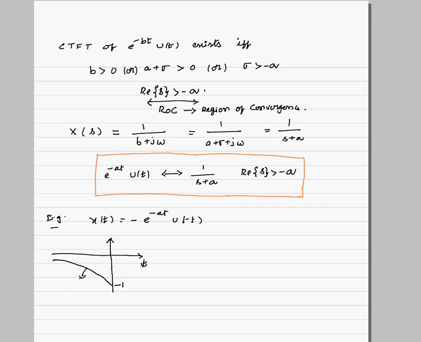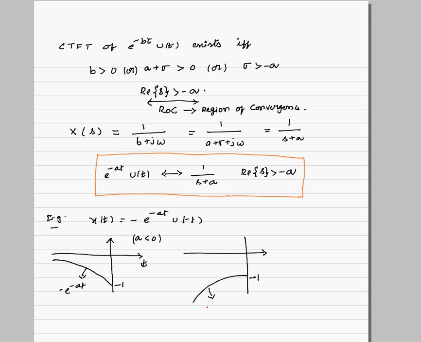So equation of this curve will be minus e power minus at, but for what case? A is less than 0. When a is greater than 0, how does the plot look? Correct? When a is greater than 0, obviously it will be an exponentially decaying function, so it will look like this.